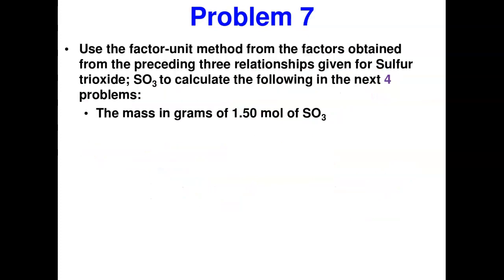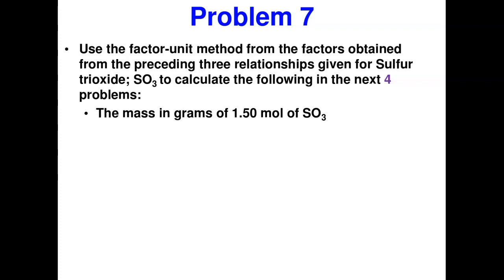If we go to the next problem, it says use the factor label method from the factors obtained from the preceding relationships given for sulfur trioxide to calculate the following. Again, I've been using sulfur trioxide as a good example here. So we're going to use those conversion factors we had earlier to try to solve these problems. So let's do it.